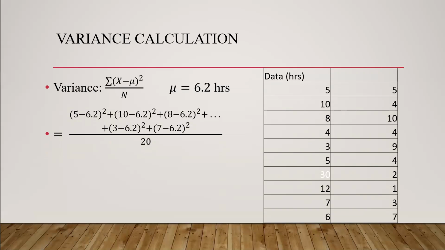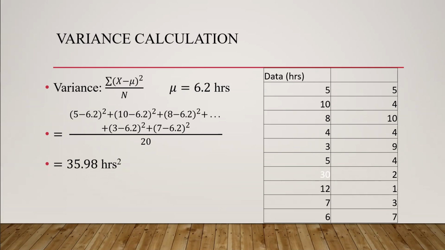You do that all the way until your very last data point, 7 minus 6.2 squared, all over your total amount of data points, which is 20. That ends up giving you 35.98 hours squared. It's important that it is also squared.